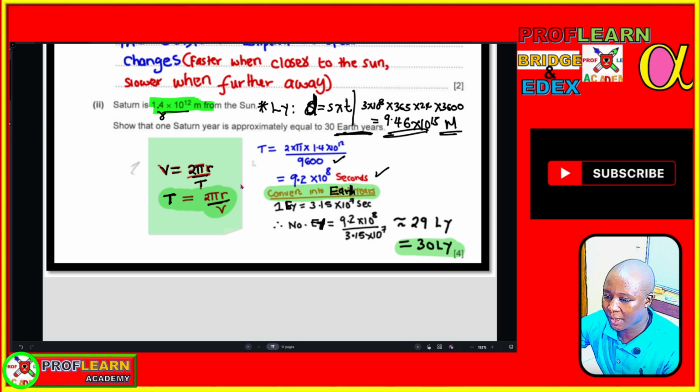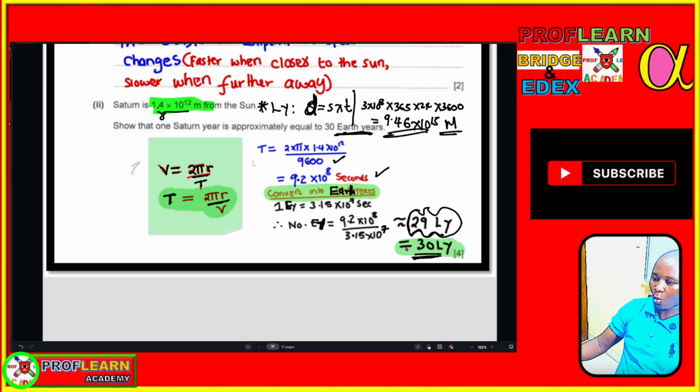It is the time period that we had gotten divided by 3.15 times 10 raised to power 7. And if you work out that value, you are going to get 29, approximately.